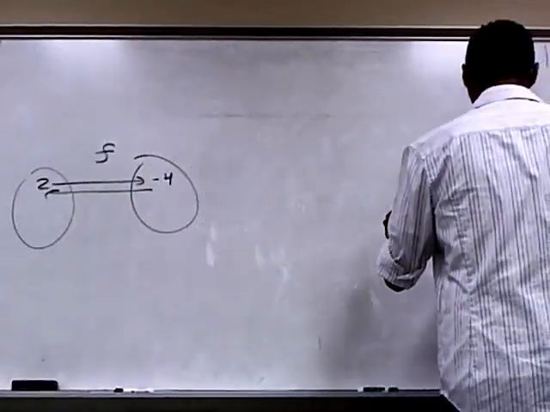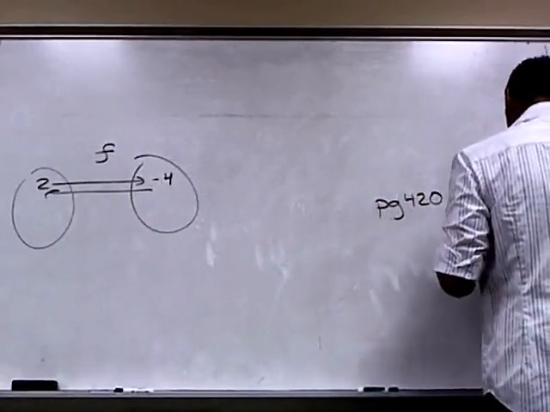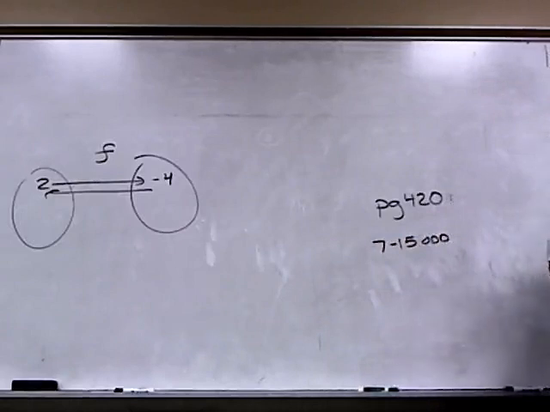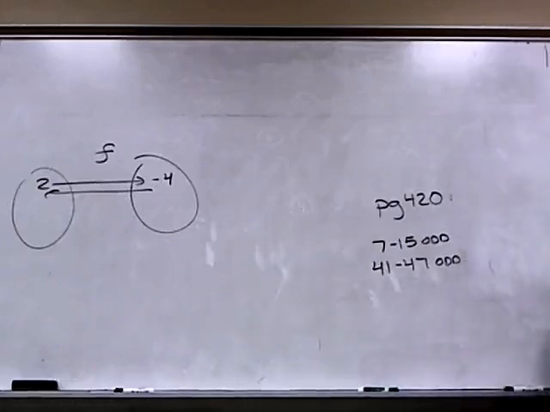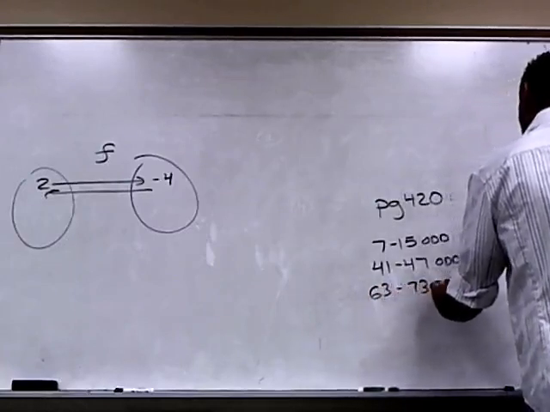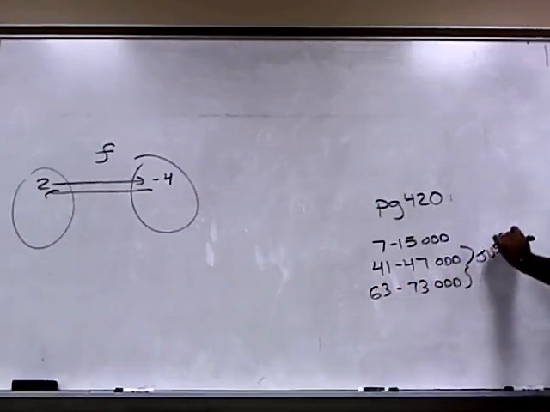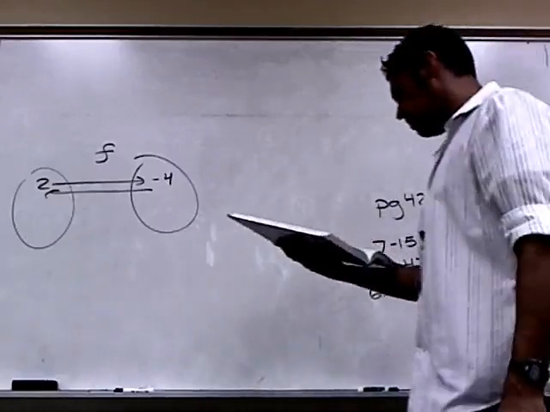For page, this will be page 420. 7 through 15 odd. 41 through 47 odd. 63 through 73 odd. For these, just find the inverse, okay?